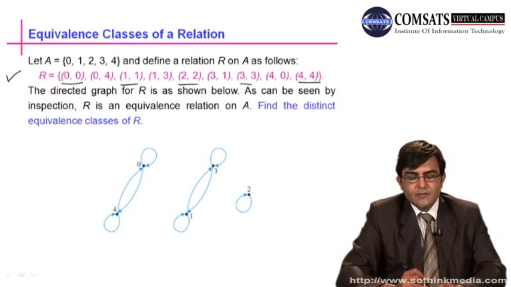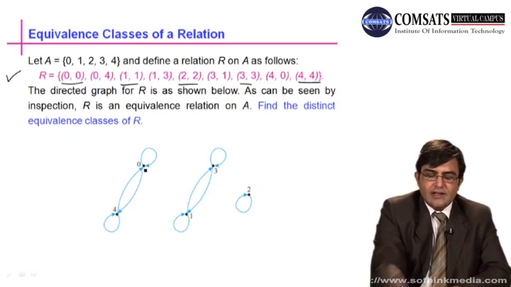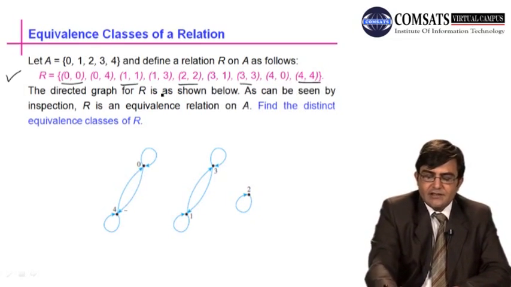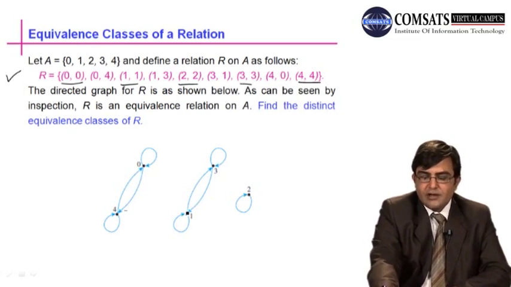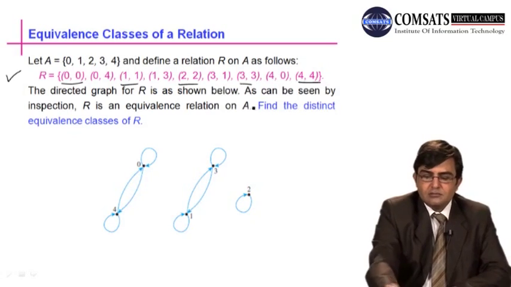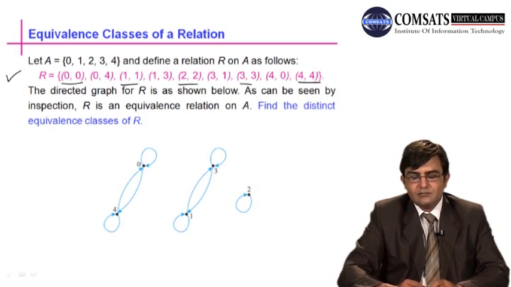Then we see 0 is related to 4, so we draw an arrow from 0 to 4. 1 is related to 3, so we draw an arrow from 1 to 3, 3 to 1, 4 to 0. So this is the directed graph of the given relation.